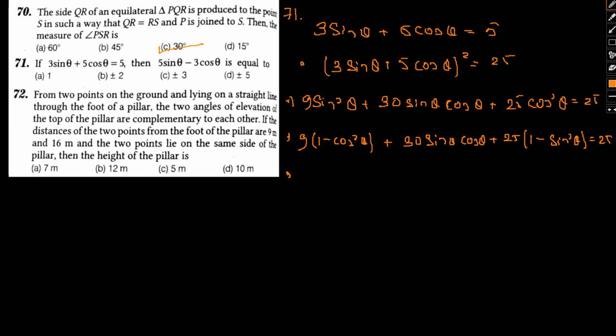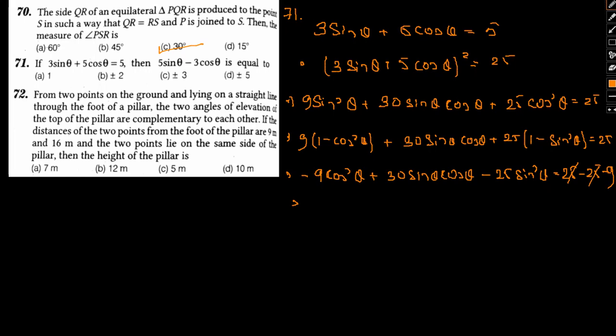Now this can be written as minus 9 cos square theta plus 30 sin theta cos theta minus 25 sin square theta equal to 25 minus 25 minus 9. Okay, the 25s cancel out.